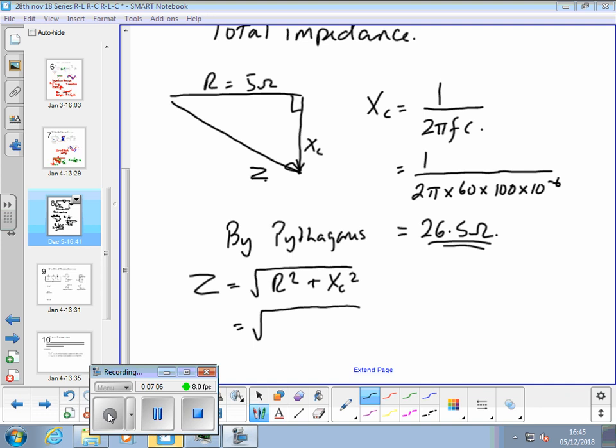Square root of R squared plus XC squared gives 26.97 ohms.